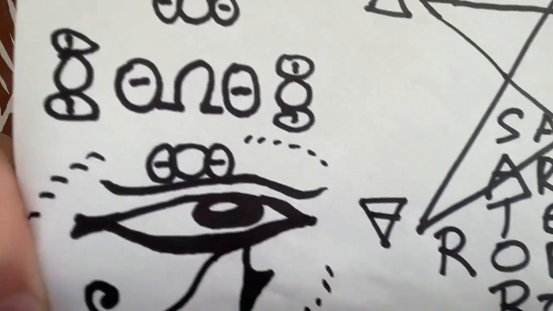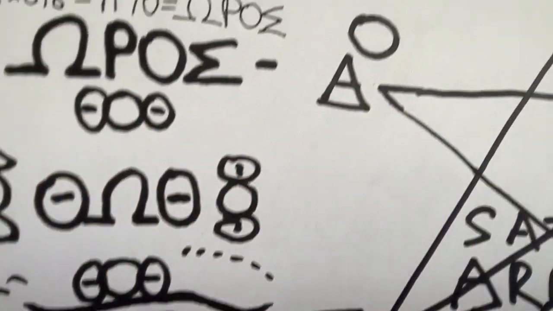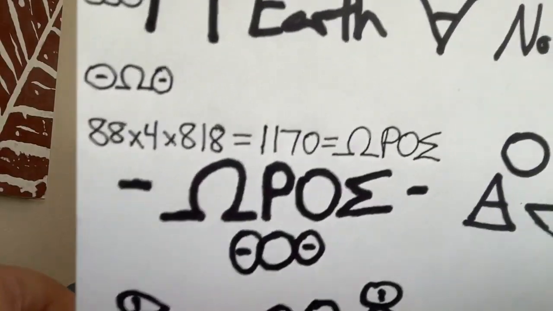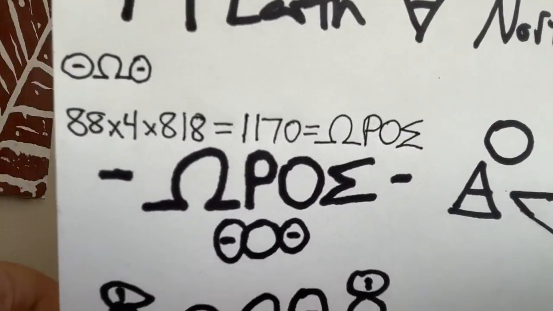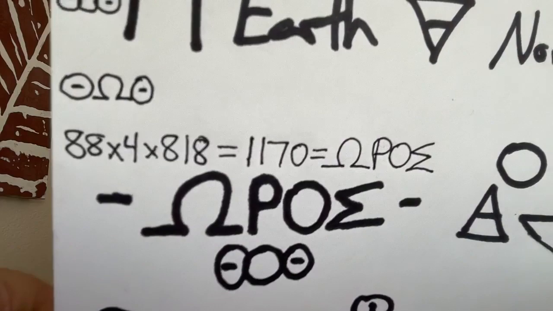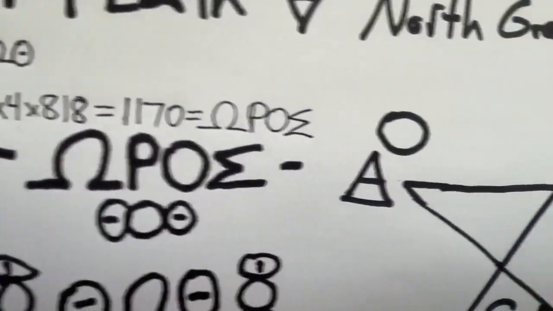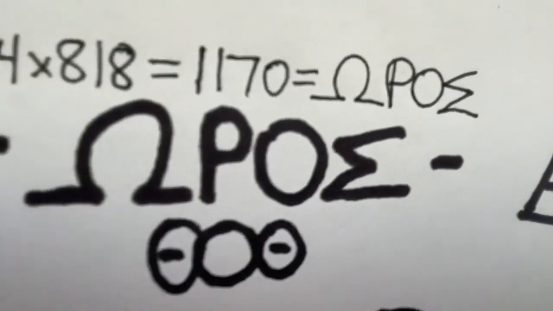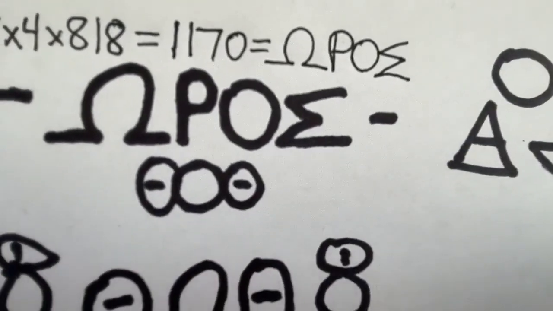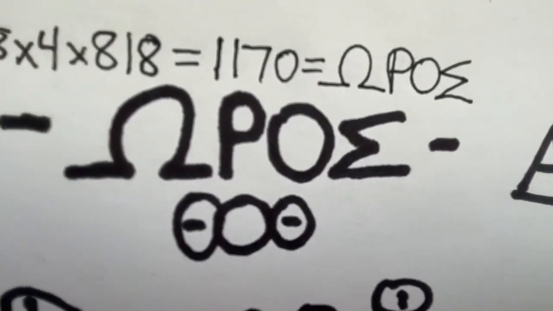I got the equation right here. 88 times 4 plus 818 equals 1170. And what would you know? That equals Horus in Greek as omega, rho, omicron, sigma.